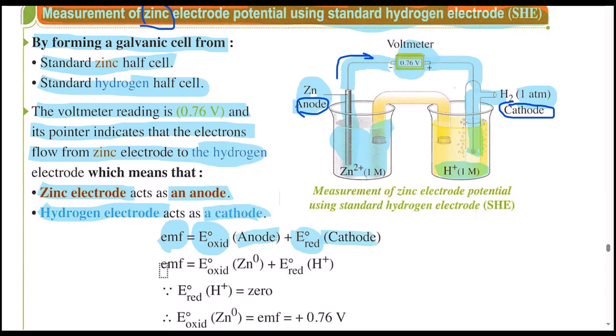So the electromotive force equals the standard oxidation potential of zinc zero solid plus the standard reduction potential of hydrogen ion. As the hydrogen ion standard reduction potential equals 0, it is cancelled from this equation, and the electromotive force here equals the oxidation potential of zinc.